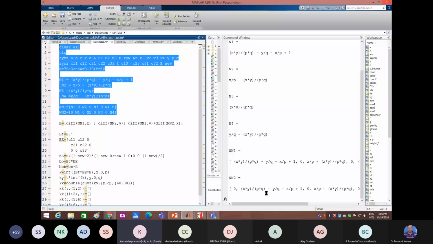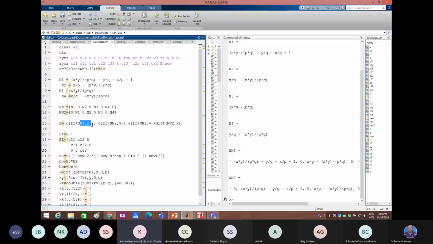And then we find out after the differentiation of this whole 8 elements of the matrix is differentiated with respect to x and with respect to y like this, and then we get another matrix out of this.